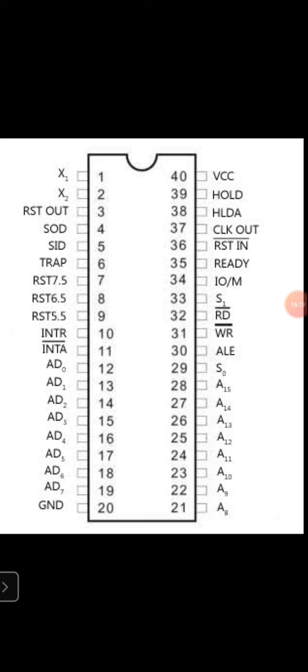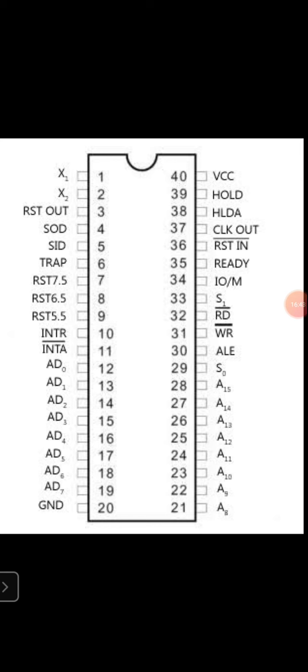Among these interrupts, highest priority means, for example, if 2 or 3 exist at a time, we have to service only one interrupt at a time. So which is the highest priority among these?